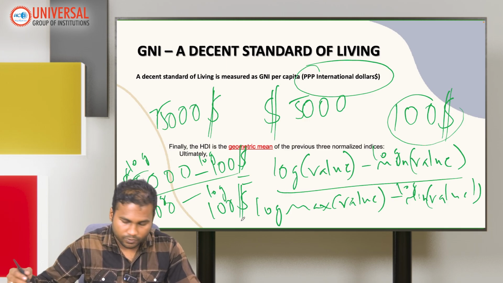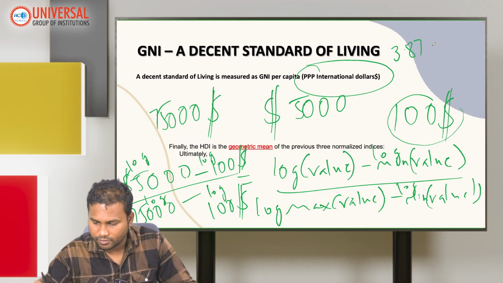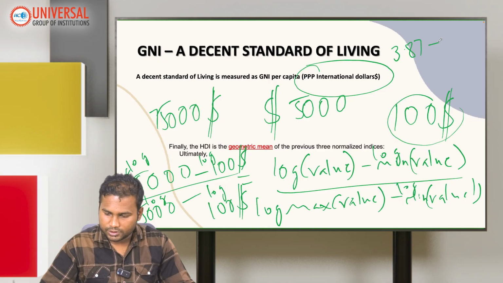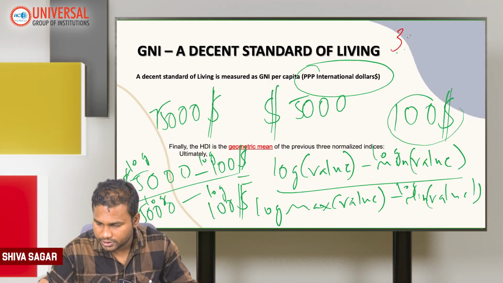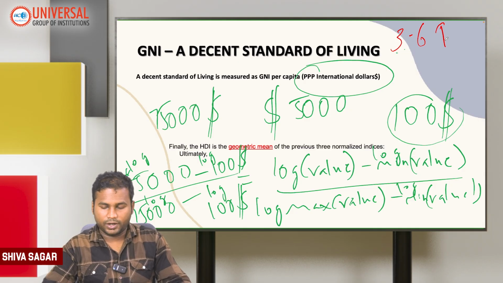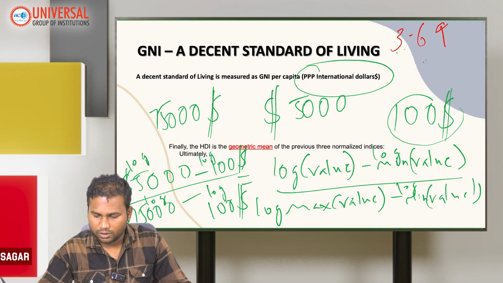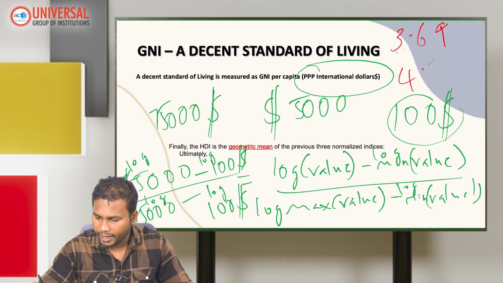Somewhere around, let's assume, 4.87 minus 3.69, I guess. Let's say the log of $5,000 is 3.69, and the log of $75,000 is 4.87.